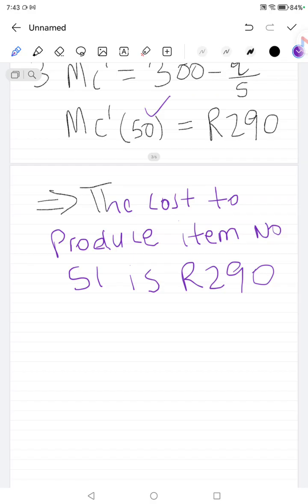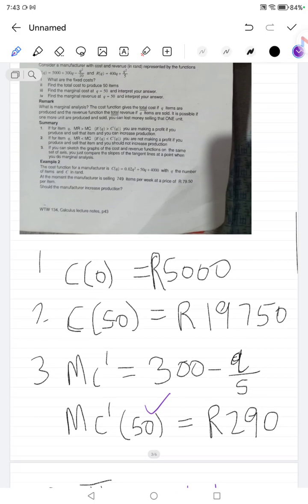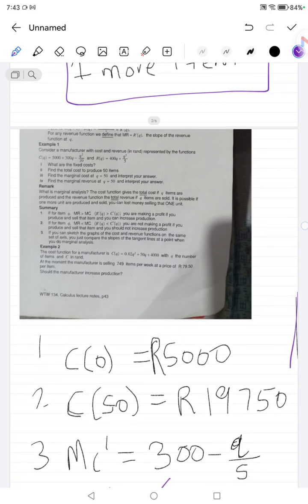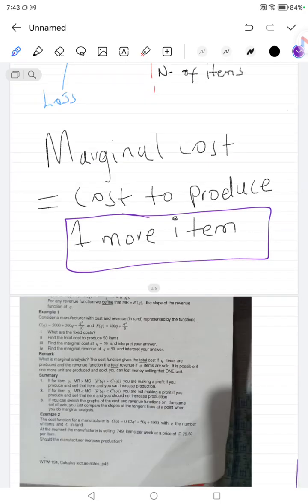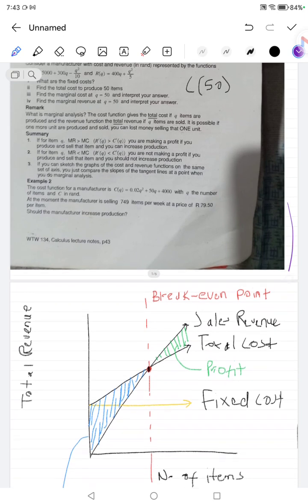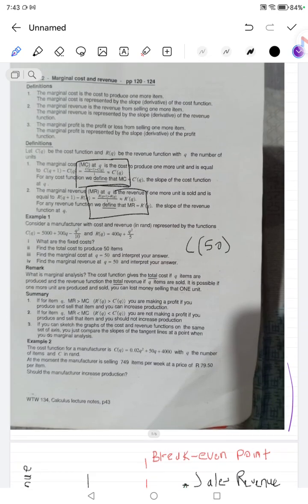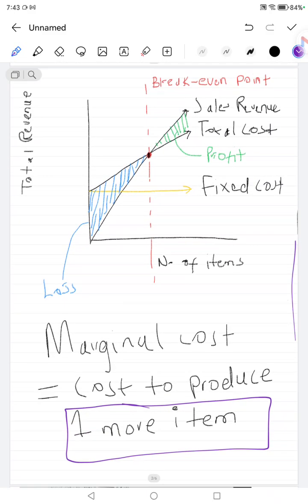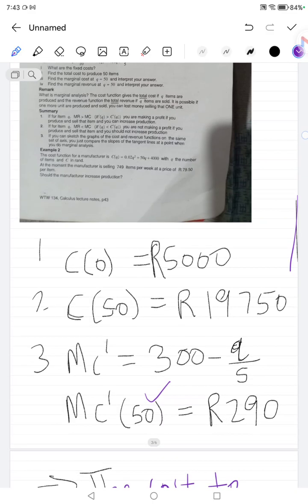Now you go and check number 4, what are they looking for? Given this one, as I've highlighted, find the marginal revenue. You're still going to be using your first derivative. Your marginal revenue is this one.